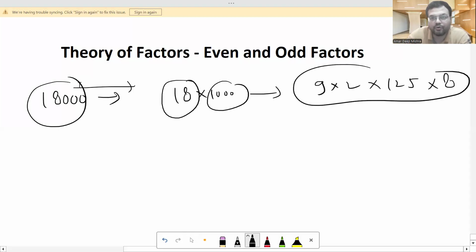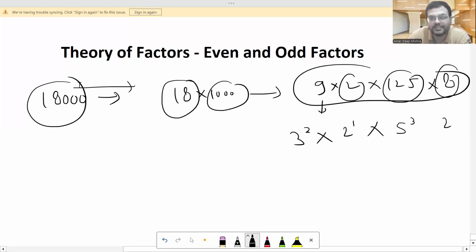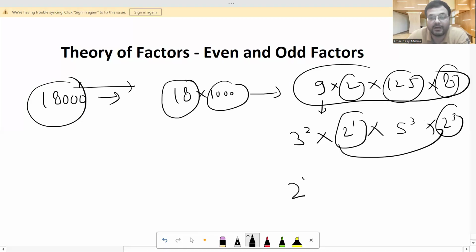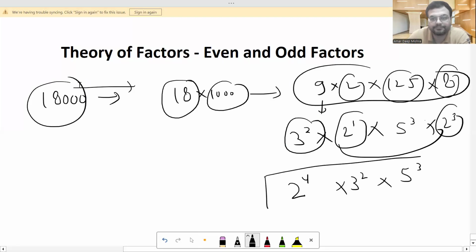So 9 is 3 square, this is 2 power 1, 125 is 5 cube, and 8 is 2 cube. Now take this 2 power 1 and this 2 cube together. You will be getting 2 power 4 into 3 power 2 and 5 power 3. So 2 power 4, 3 square and 5 cube.